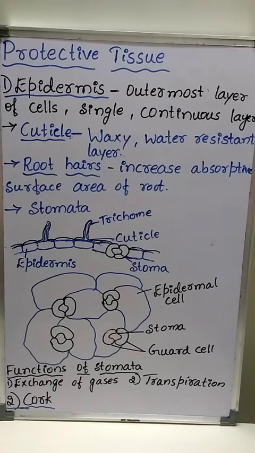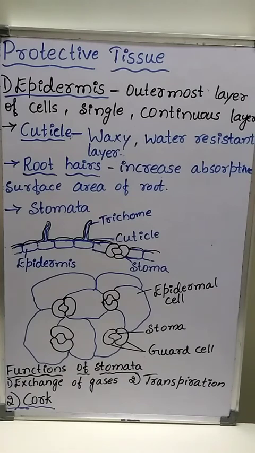Sunken stomata reduce the rate of transpiration. And the transpiration process helps in keeping the plant surfaces cool during the summer season.